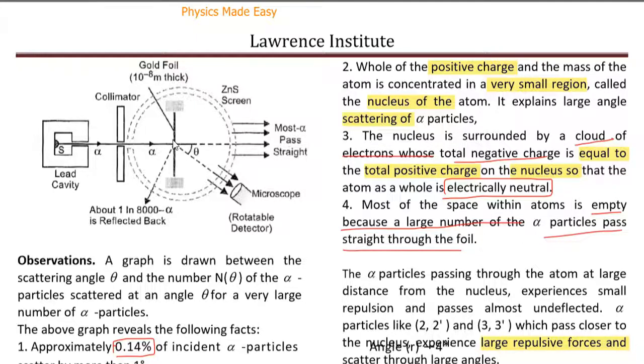As the alpha particle retraces its path, it is pushed back on the same track. So it means it is colliding with a very heavy body. So we concluded that in the center there is a heavy body which is positively charged, which repels the alpha particle.